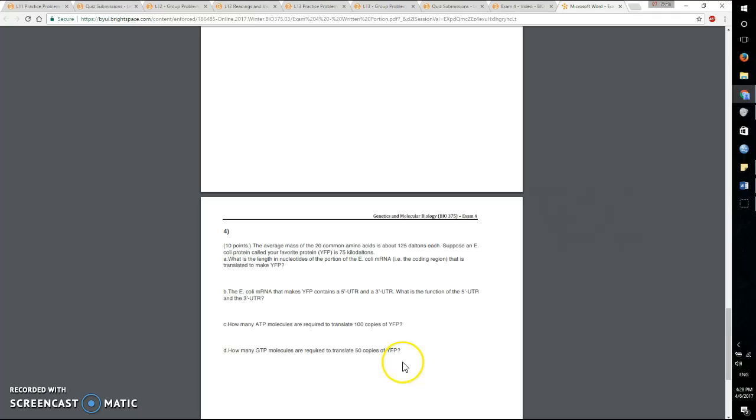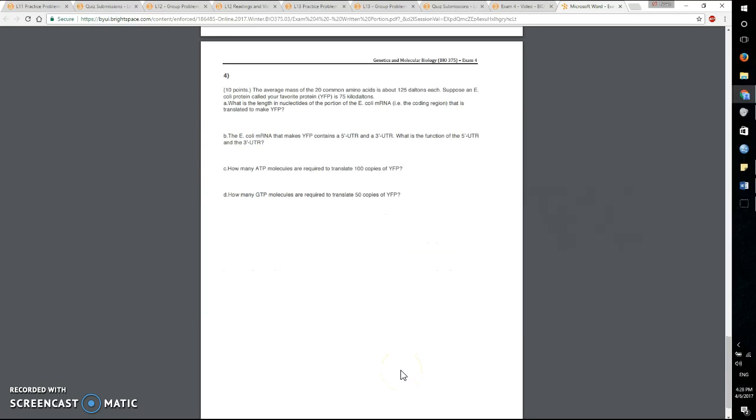Now, for average mass, this is a fun question. I had fun doing it. I don't know if I got it right, but I had fun with it. The average mass of 20 common amino acids is 125 Daltons each. So that's not saying 20 common amino acids is 125 Daltons.